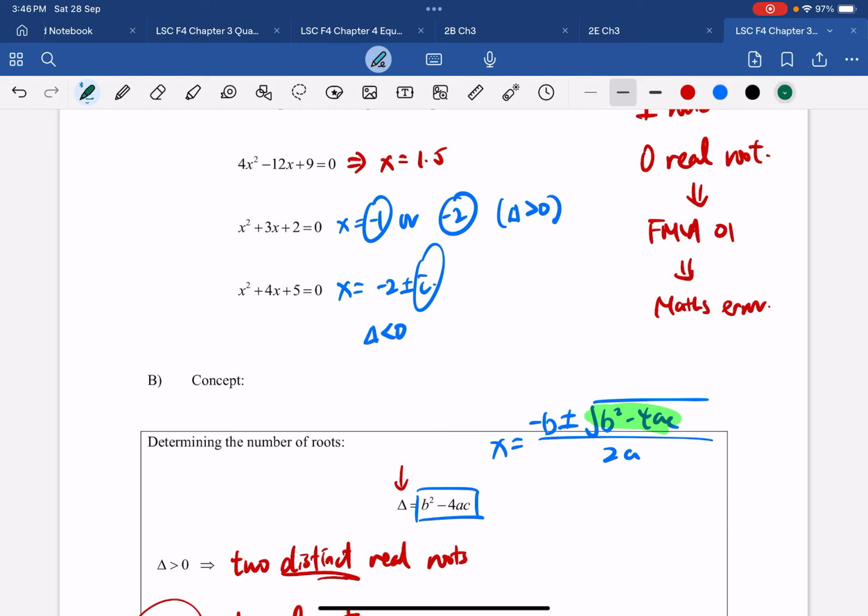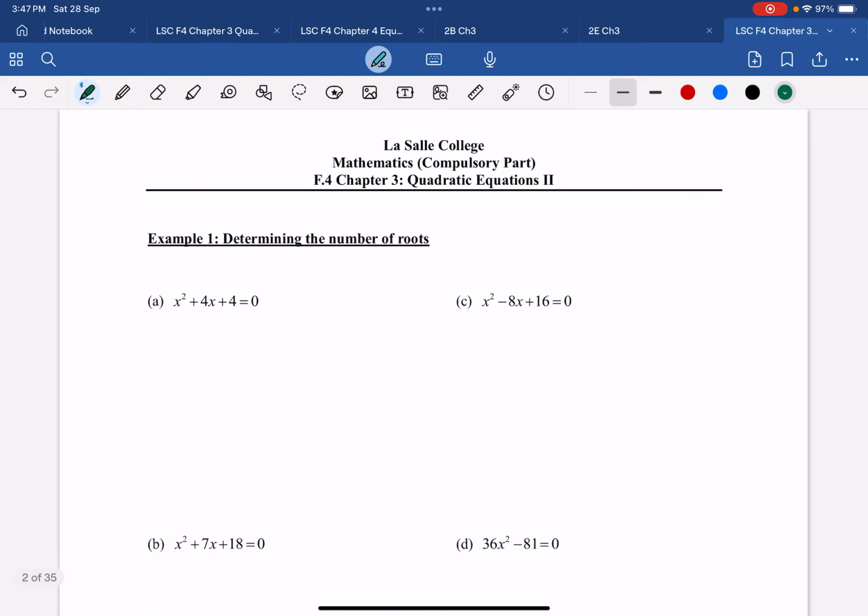And here comes the second advantage of using the calculator program, because if you input this equation into formula 01, it will give you a math error, since it's a complex root. But this program can also cope with the situation of complex roots. It can still display that the roots are -2 plus or minus i. So it's quite good. Okay, so let's go to the questions.